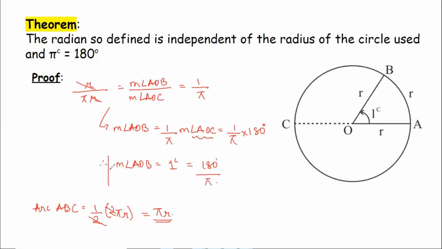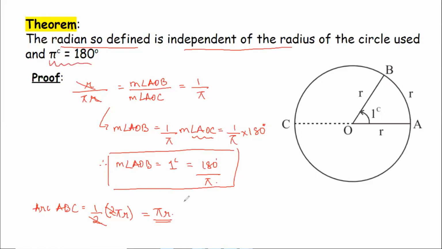And this particular statement proves both of our requirements. First requirement, radian so defined. 1 radian, given over here in the boxed part, is independent of the radius. Yes, it is independent of the radius. It depends only on 180 degree and pi. It's a constant, of the circle used.